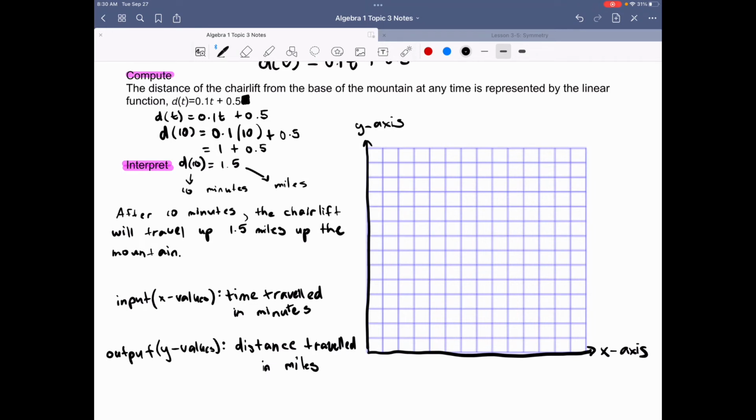The input goes into our x-axis because that was our x values. So we can label the x-axis time, which is minutes.